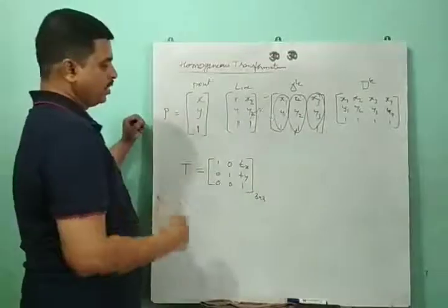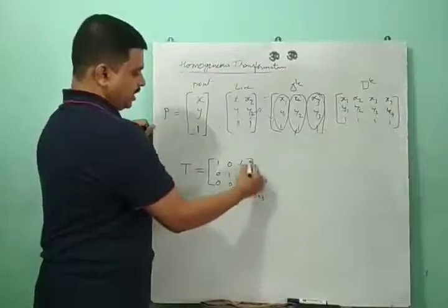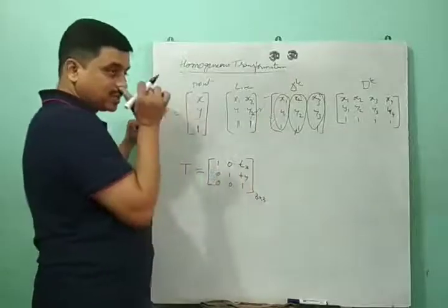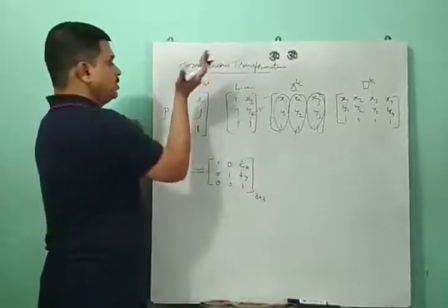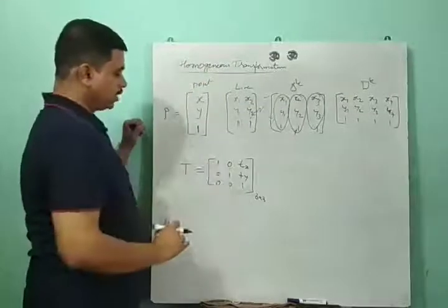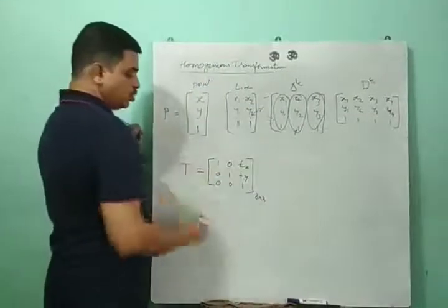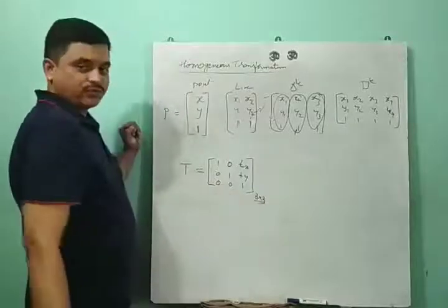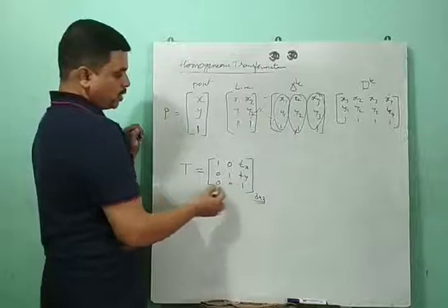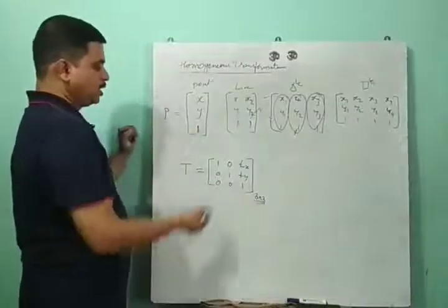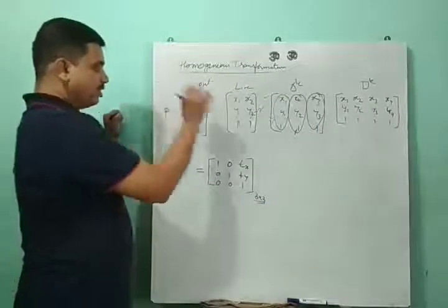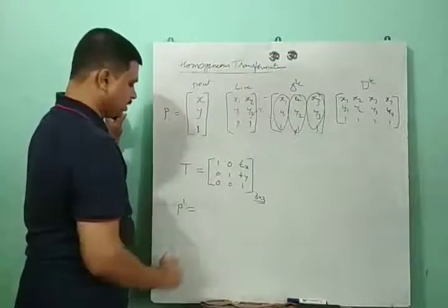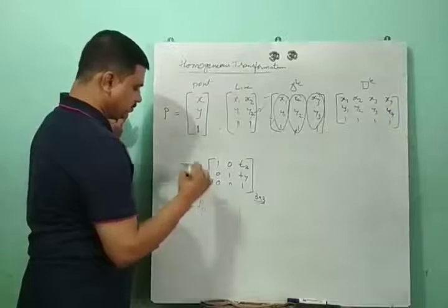In the earlier it was only a column matrix of Tx and Ty, or it is in a row matrix of Tx and Ty. So that is added to the initial point. Now what we are doing is, we are representing it in homogeneous form where the matrix is represented in 3 cross 3 form. So for that we are going to add one dummy row here.